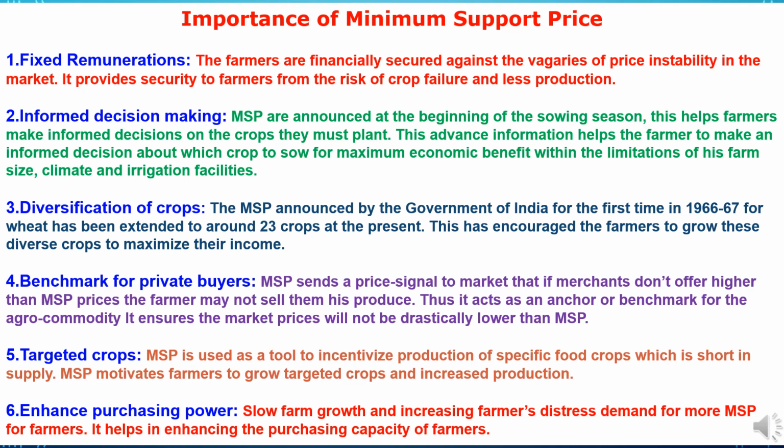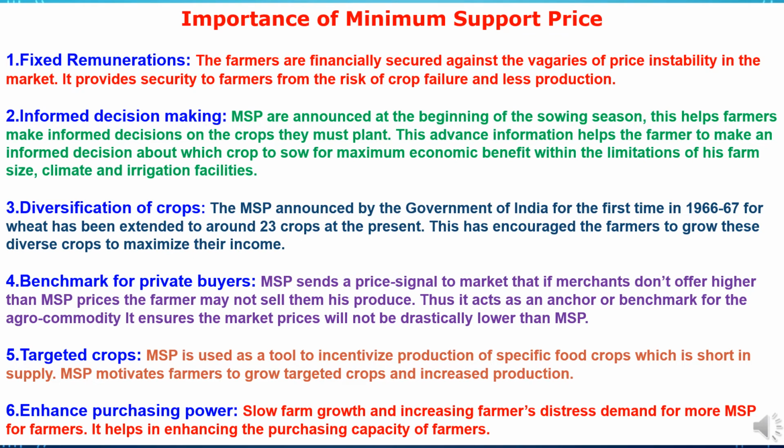Third is diversification of crops. The MSP announced by the Government of India for the first time in 1966-67 for wheat has been extended to around 23 crops at the present. This has encouraged the farmers to grow these diverse crops to maximize their income.